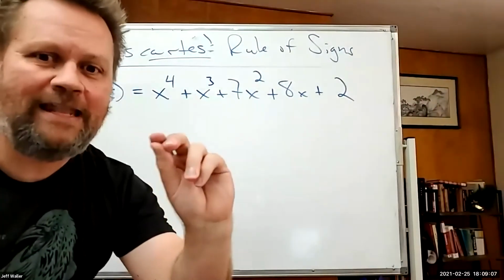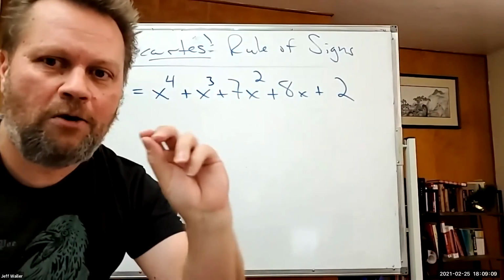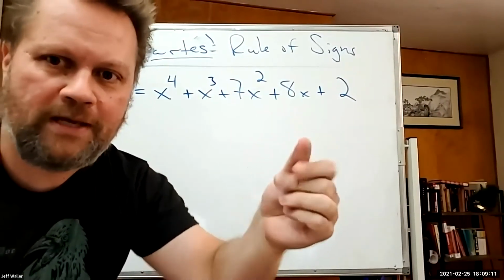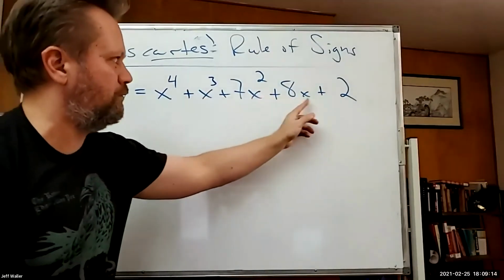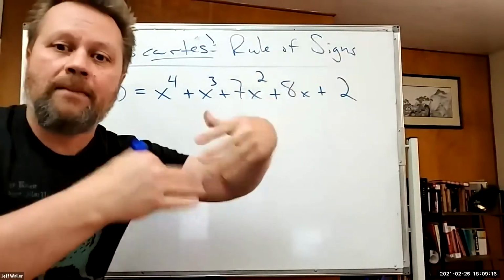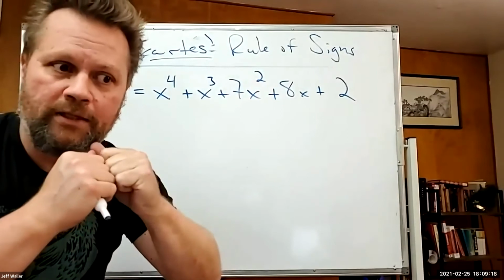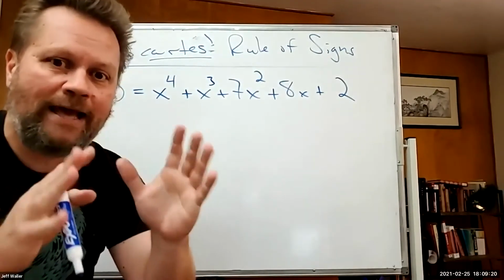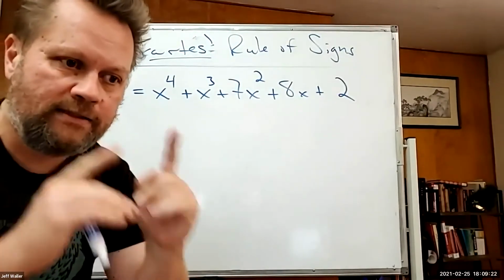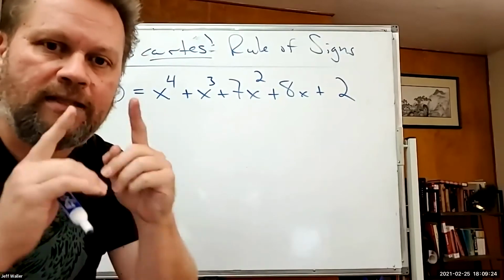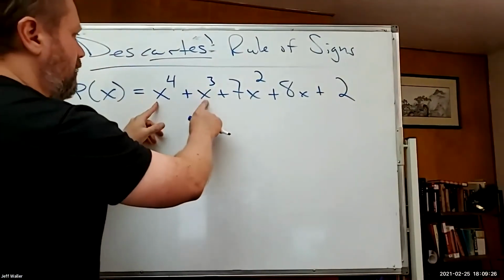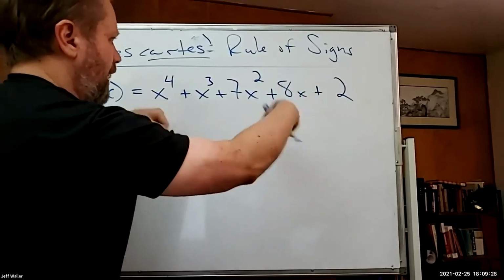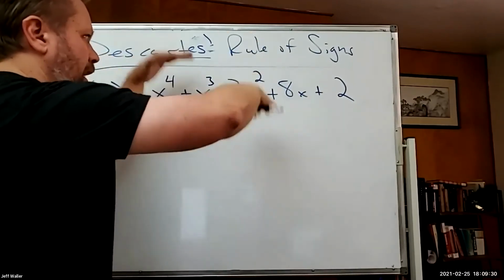If x is 0, the answer is 2. If x is anything bigger than 0, it only becomes bigger, right? Because everything else adds on top of 2. You understand what I'm saying? So if there is any x value that makes this thing 0, it has to be negative so that this and this are negative. So there's a chance for them to cancel each other out.